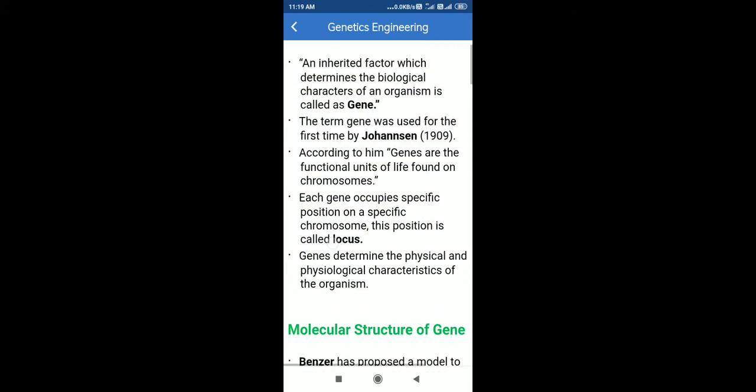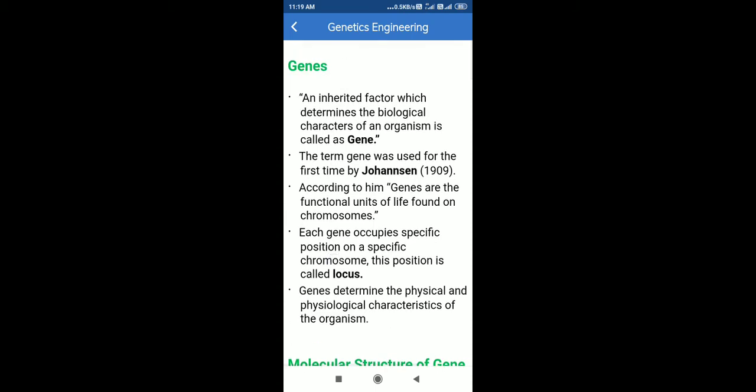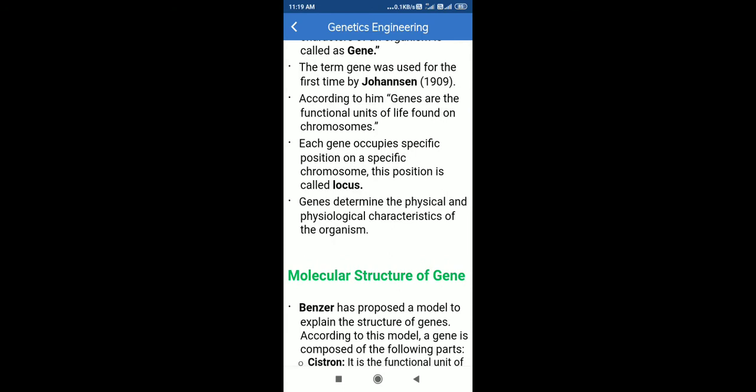A gene is basically within the nucleus. First thing you have to know is approximately what a cell is. A cell has a cell membrane. Then it has small internal organs like ribosomes and nucleotides. After that, it has a nucleus. Within the nucleus, there are what are called genes. These genes are supposed to have a strand kind of structure.